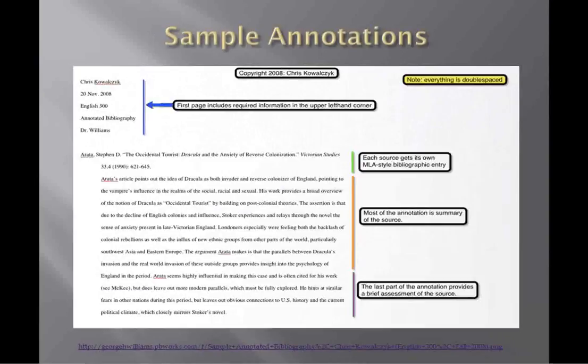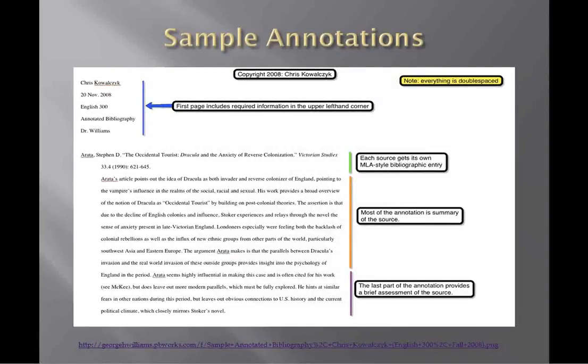Here are some examples of sample annotations. I won't go into them in depth, just to point out that in this one we see that at the top of the annotation there is a reference, citation of the reference, and then below it is a clear, concise, succinct summary of the reference itself with various comments made.